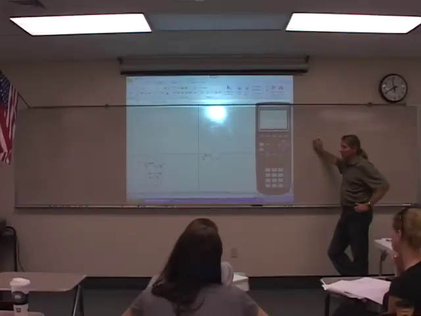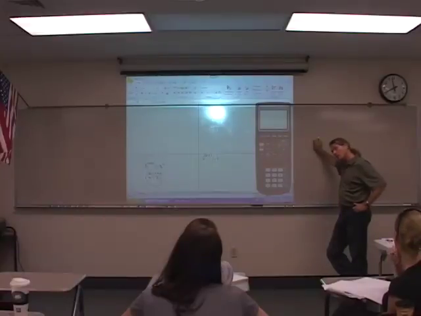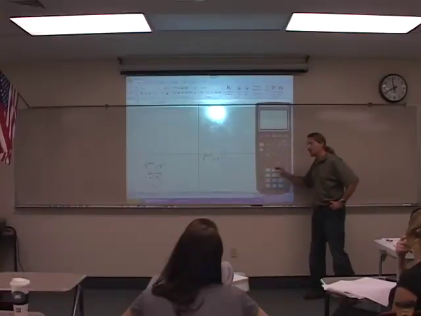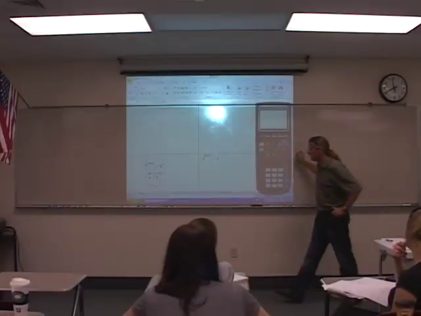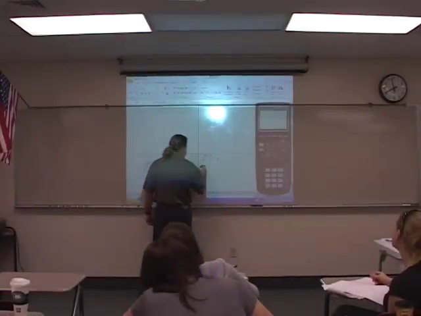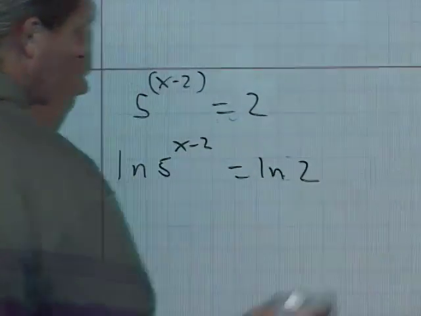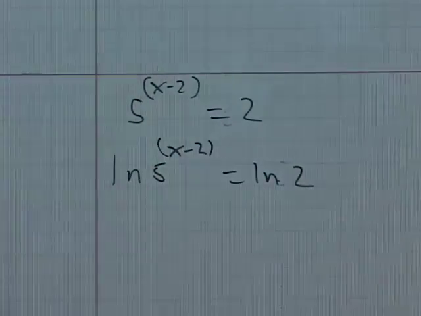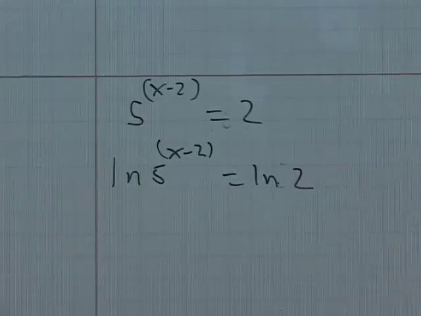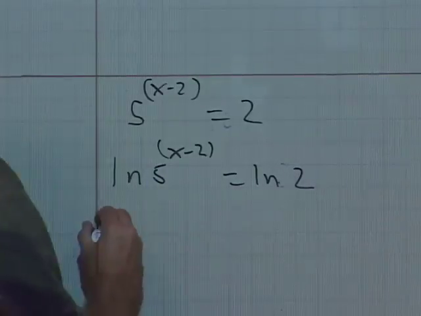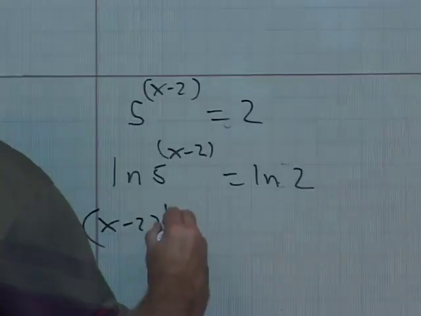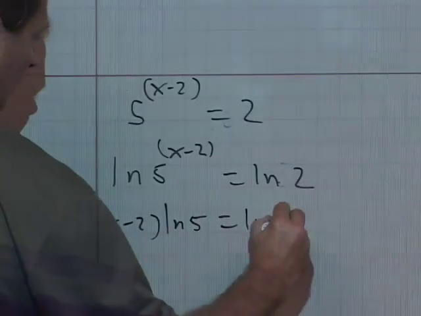What you'll have to do here is take the natural log or any log you want, but you might as well use ln since we have it on the calculator, of both sides. Because when you take the natural log of both sides, what can you do with this x minus 2? Pull it out front. This becomes x minus 2 times the natural log of 5 is equal to the natural log of 2.